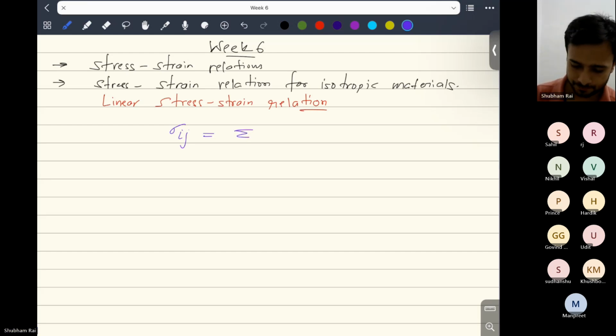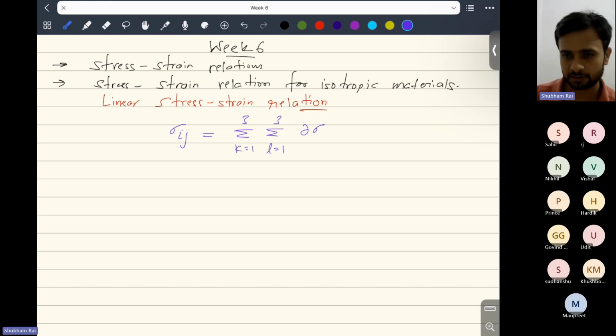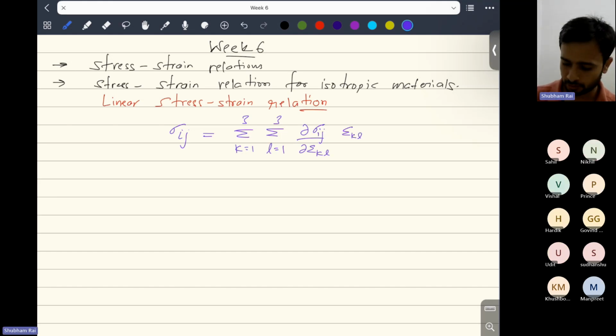So sigma ij, where k goes from 1 to 3 and l will also go from 1 to 3. The second term of the Taylor series expression was del sigma ij over del epsilon kl multiplied by epsilon kl. This whole term can be written as the constitutive matrix.